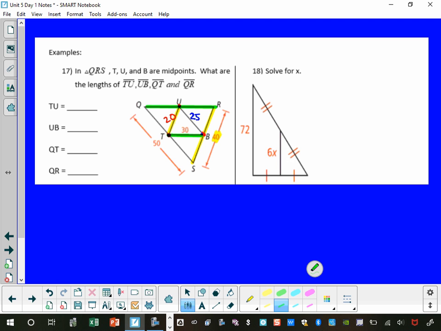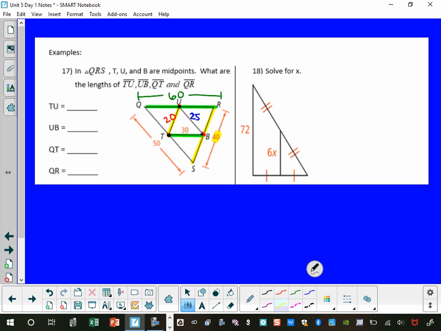If you take your pencil and lay it across QR and just bring it down, it's the same as TV, right? Okay, Diana, if the short one is 30, what's my long piece going to be if I have to double it? 60. So that means from this part all the way down is going to be 60.